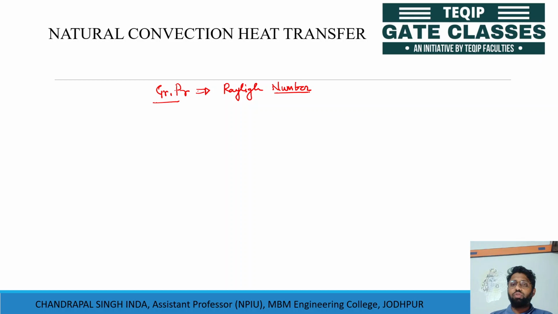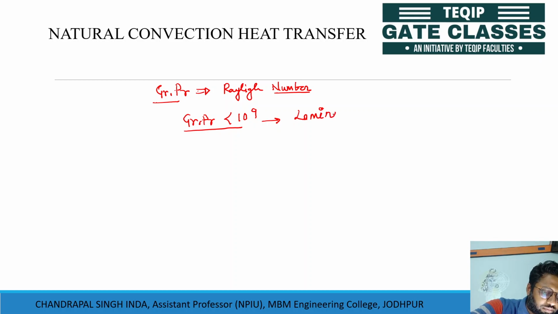If the value of the Rayleigh number, Gr Pr, is lesser than 10 to the power 9, then the flow will be treated as laminar flow. Or if the product Gr Pr, the Rayleigh number, is greater than 10 to the power 9, then the flow will be turbulent.